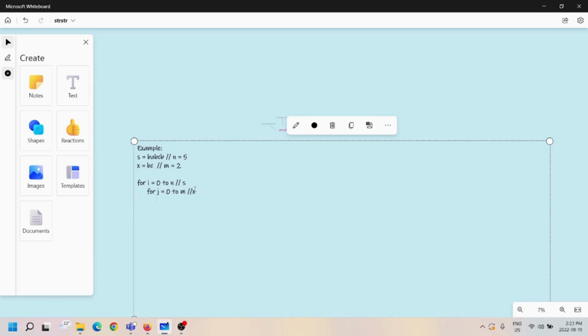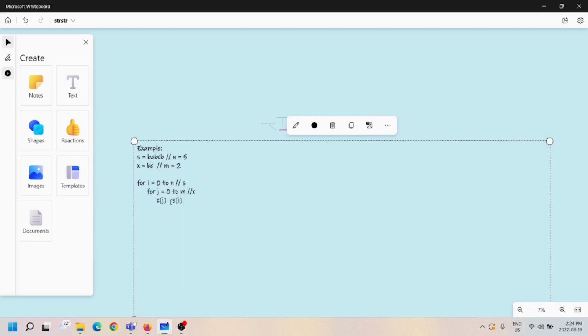Now we are going to compare character by character. So x of j is going to compare with s of i. Now when x of j gets compared with s of i, then what we can say is that there is no point in iterating x if the first character or in between any character is not matching, right?